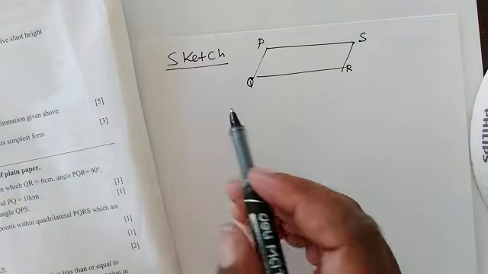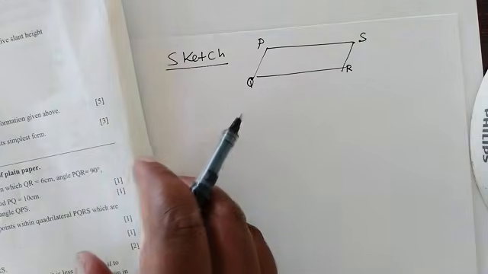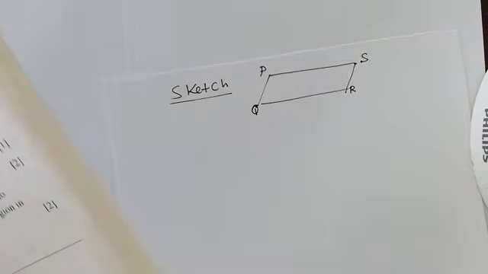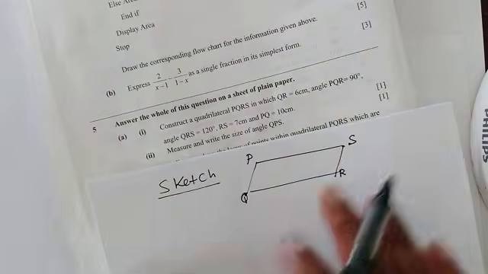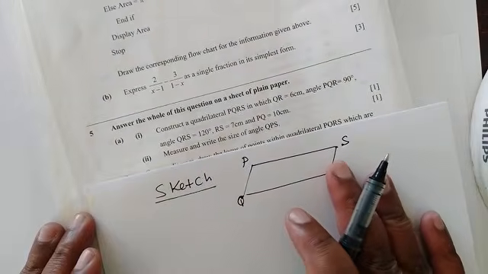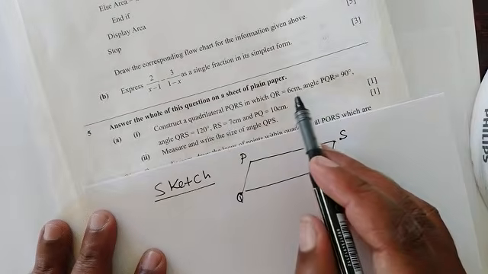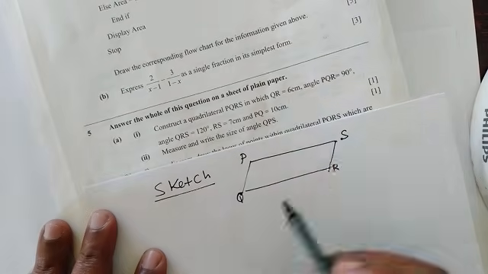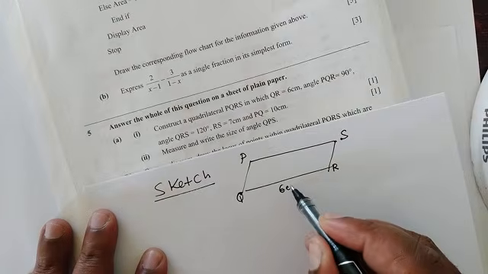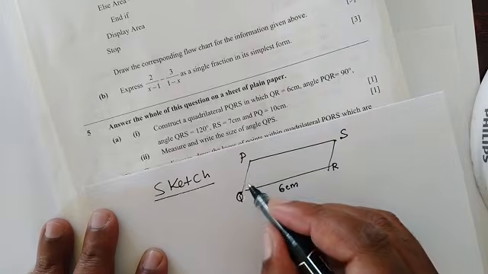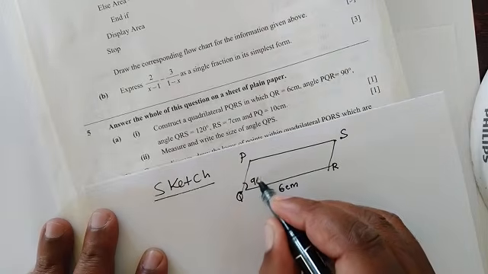Okay? So now we are saying, take note, we can start with this one, QR is 6. PQR is 90, so this one should be 90 degrees.